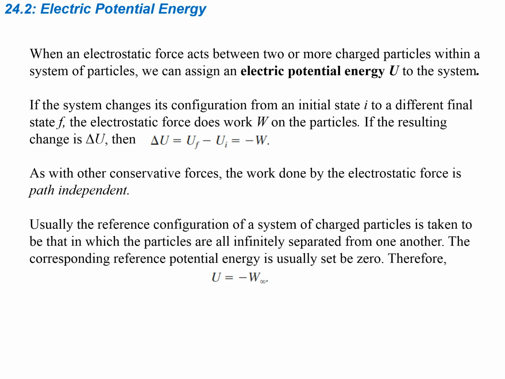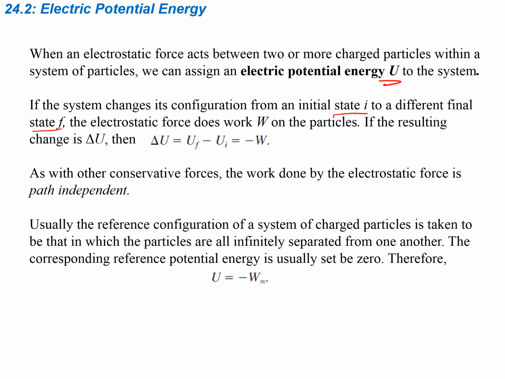All right, so when an electrostatic force acts between two or more charged particles within a system of particles, we can assign an electric potential energy U to the system. If the system changes its configuration from some initial state I to some different final state F, the electrostatic force does work on the particles.